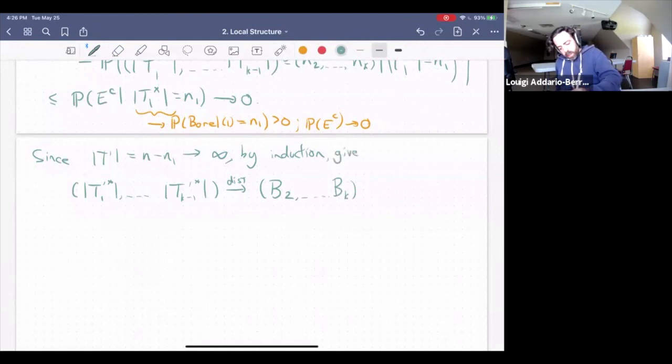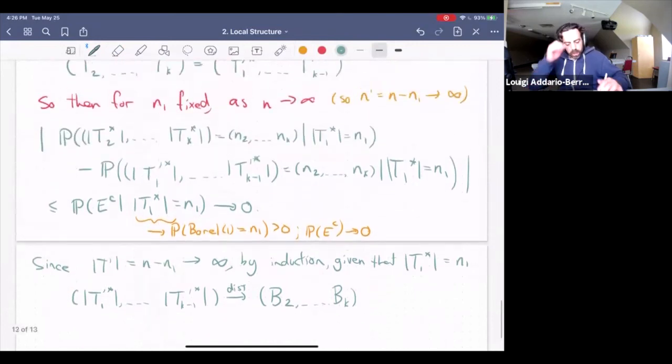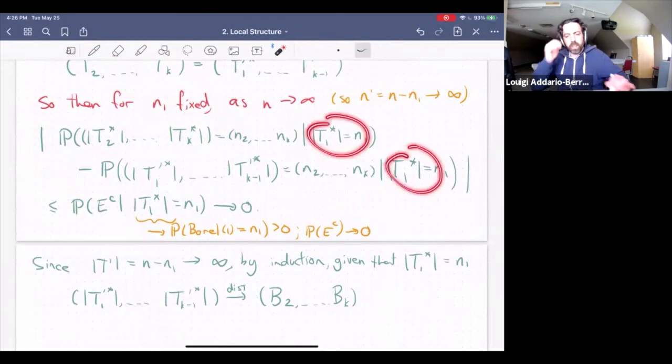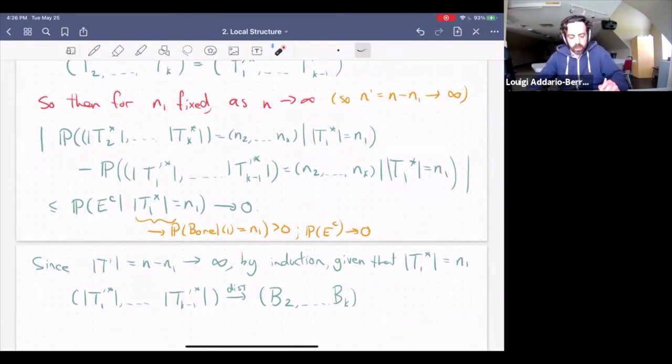And that's true even given that the size of T1 star is equal to N1, because we compared these probabilities even under the conditioning on a fixed size for that first tree.